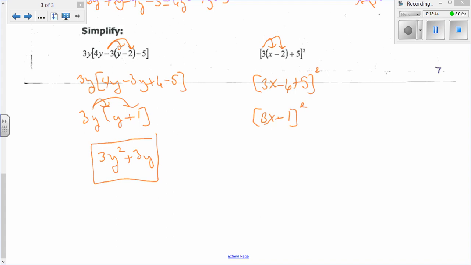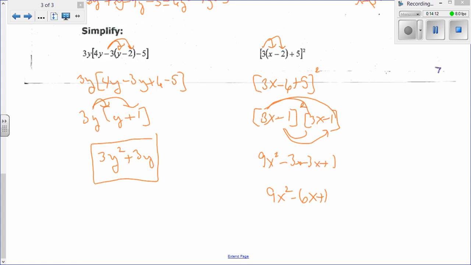That means multiply it by another 3x minus 1. And when I do that, I will have 9x squared, then minus 3x, another minus 3x, and finally a plus 1. Combine like terms, I will get 9x squared minus 6x plus 1.